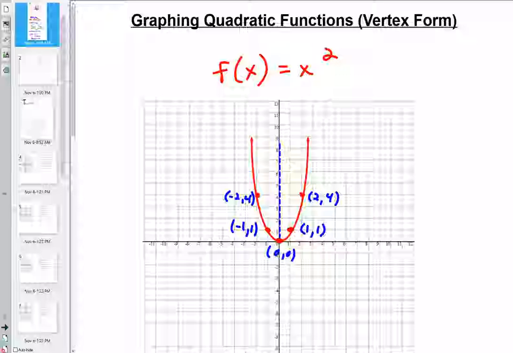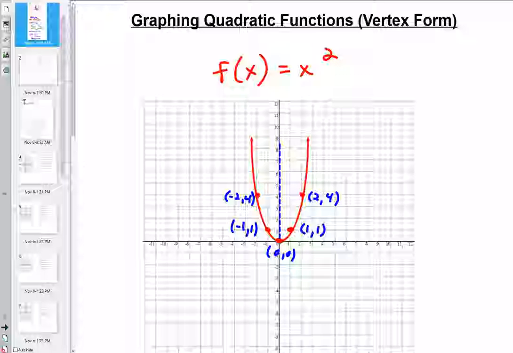In effect, you might not realize you're doing it because we're going to do it algebraically, but what you end up doing is saying, all right, we're going to get that U-shaped parabola, and we're going to stretch it and slide it and flip it and manipulate it based on the numbers that surround it.